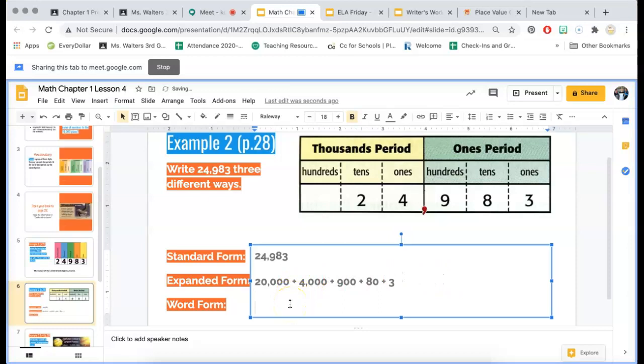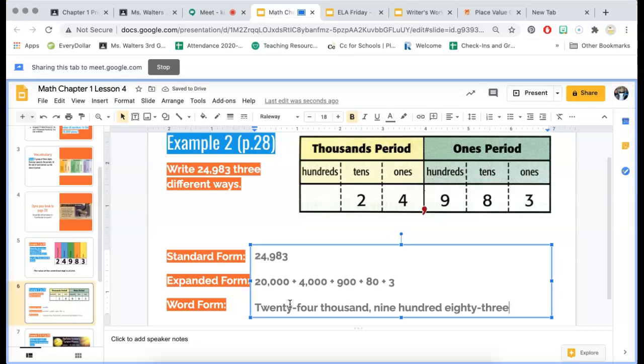Now word form is going to be a little bit longer. 24,000, comma, 983.